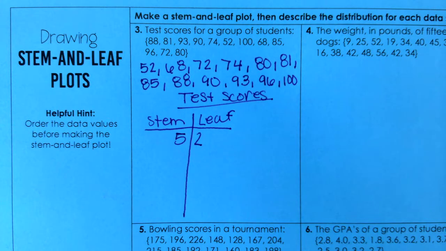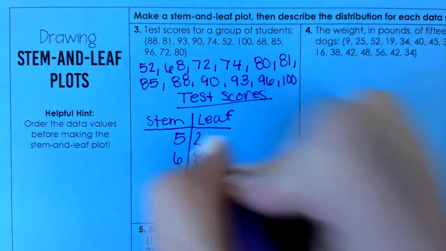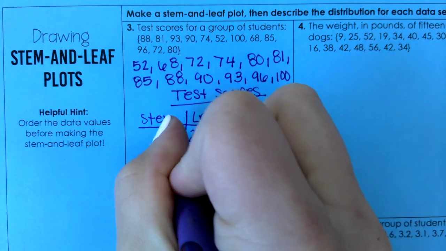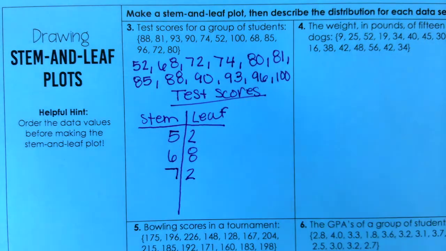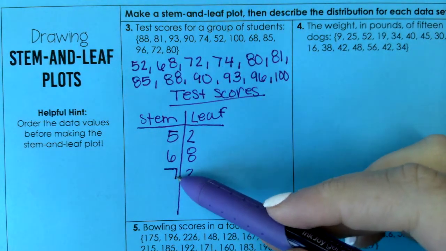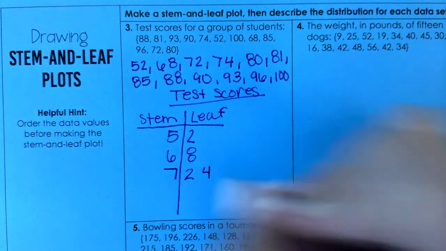What's my next value? 68. Do I have any more values that are in the 60s? Nope. So what's my next value then? 72. Do I have any other values in the 70s? I have 74. So I'm not going to write 7 down here again. I'm going to write a 4 behind that 2.